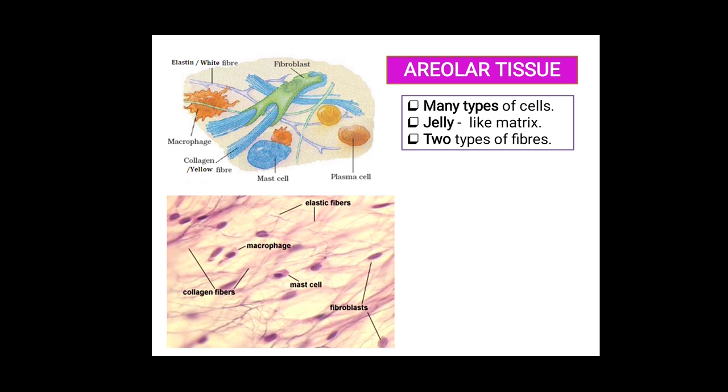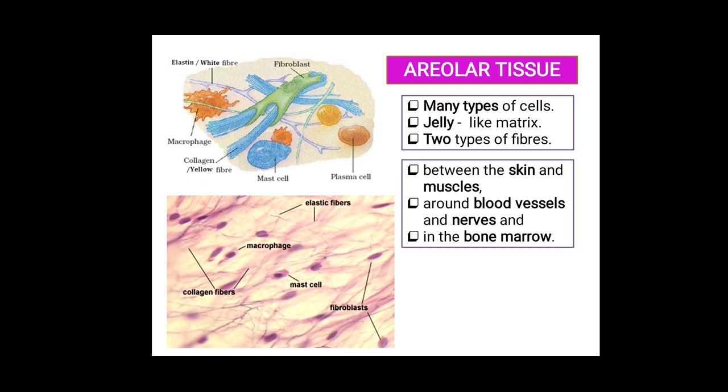So you can see two types of fibers also there. One, you can see they are parallel, unbranched, and they are in bundles. Those are the white fibers. And the other ones, they are the branched ones. You can see they are the yellow fibers.